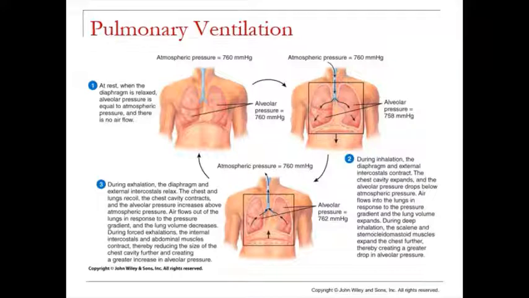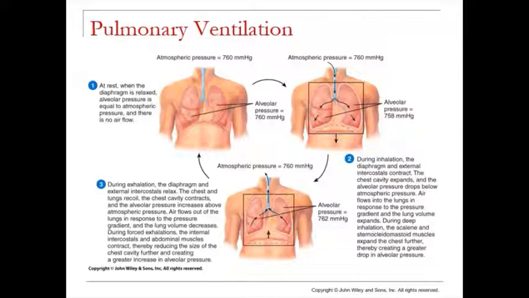And when you inhale, you have to drop the pressure in your chest to allow the air to rush in. How much are you going to drop it? You can see from the picture, you're going to drop it to about 758 millimeters mercury. You can see it's just a 2 millimeter mercury difference between you breathing in and not.